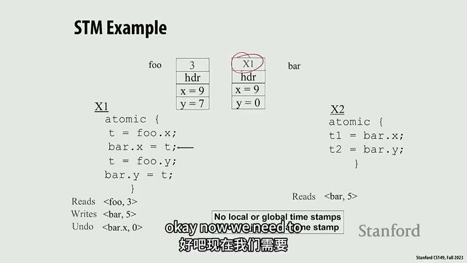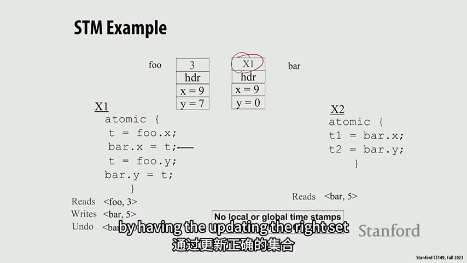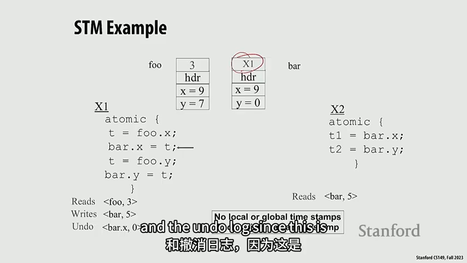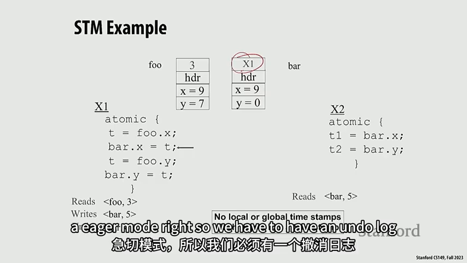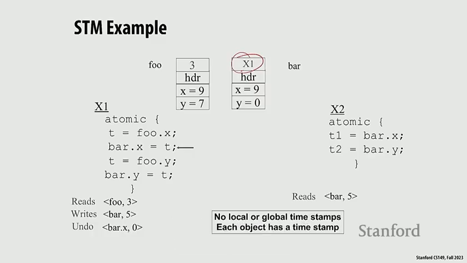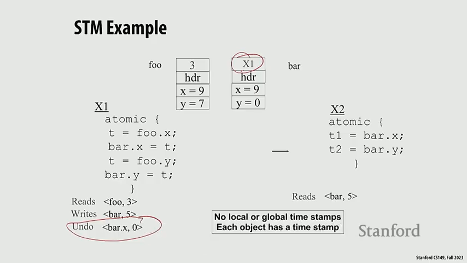Now we need to indicate that in the transaction descriptor by updating the write set and the undo log, since this is eager mode. So we have to have an undo log. So we put the old value of bar.x into the undo log. We continue executing, and we are going to read bar.y.